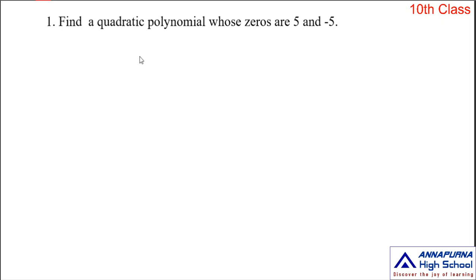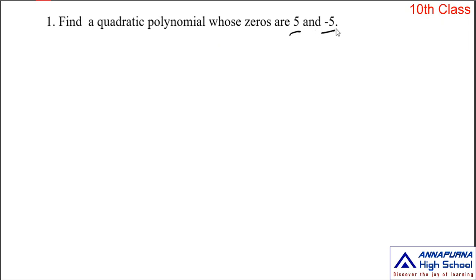But in this question, the given two values 5 and -5 present the zeros of that quadratic polynomial. So read the question very carefully. That is the most important. Here, find a quadratic polynomial whose zeros are 5 and -5.